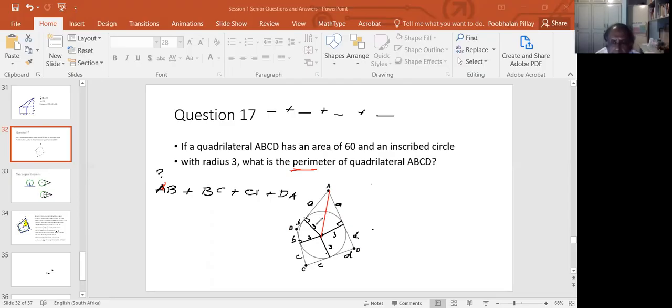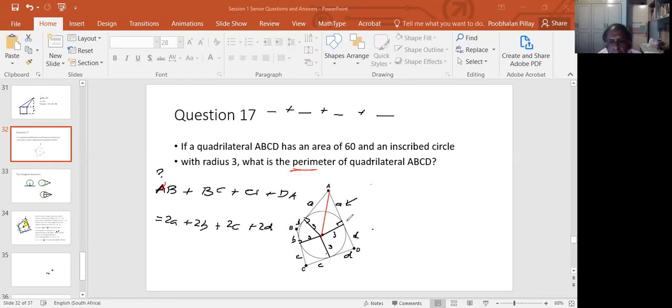So now, bearing that in mind, if you name them like that, then we can see what the perimeter is. So let's start from here. a plus a, this is a starting point, plus b plus b, plus c plus c, plus d plus d.